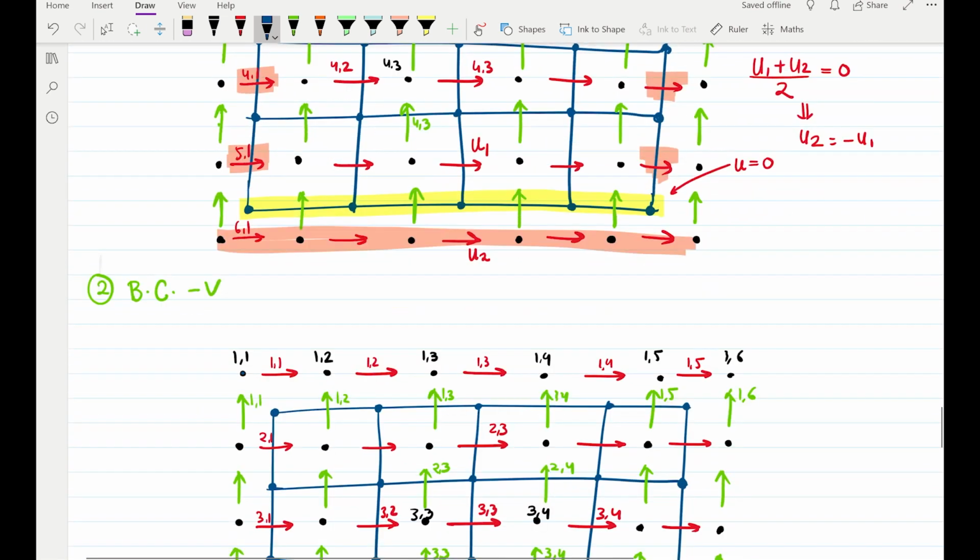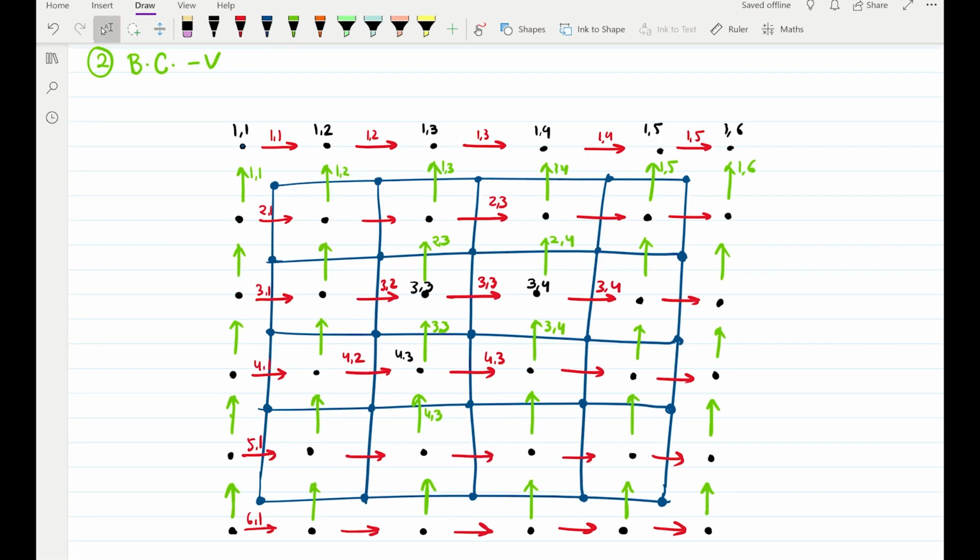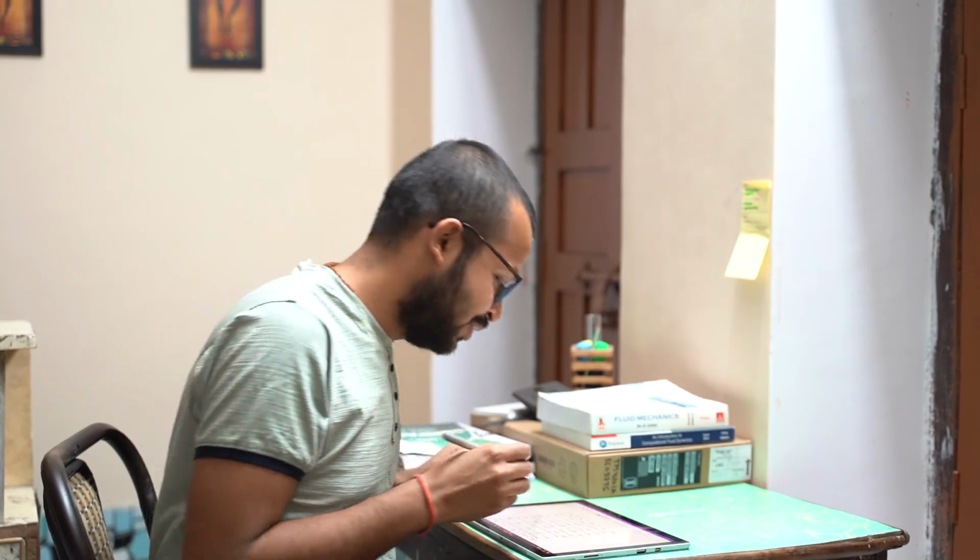The same idea would apply for the v velocity field. So we have evaluated the v interior to the domain, and we want to implement the boundary conditions at all the boundaries. This is much easier because all the v boundaries are 0. So any v velocity that is staggered in such a way that it lies on the boundary would be 0, whereas the other one would be obtained from the interpolation, just like we did now.